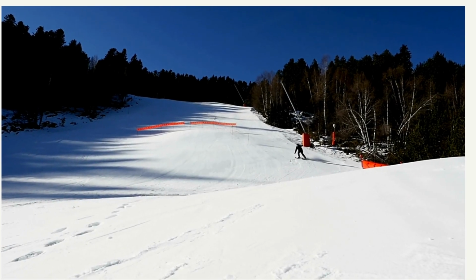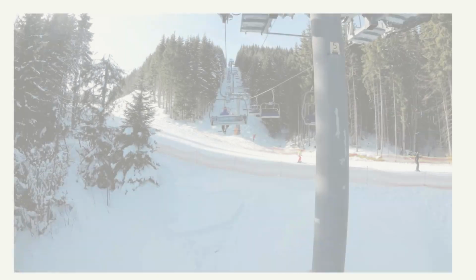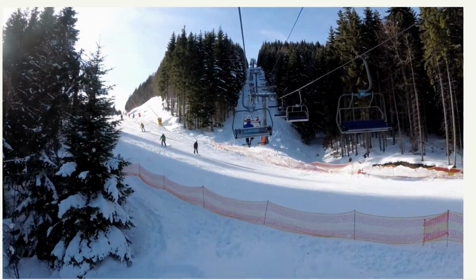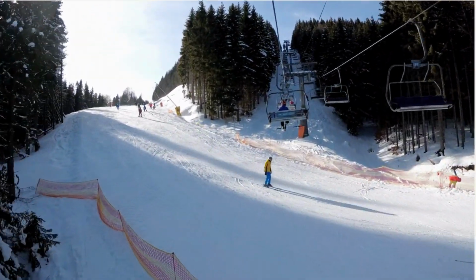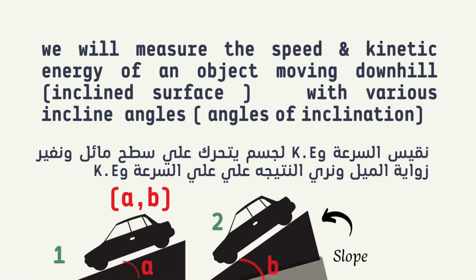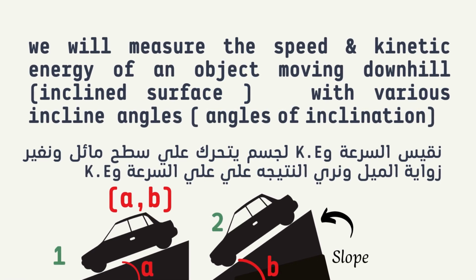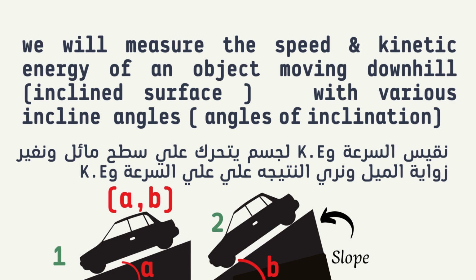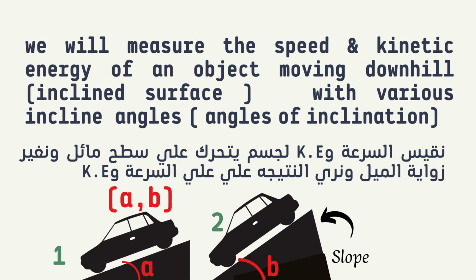So here, before the experiment, let us think about this. We have here two slopes or ramps, as the car moves on an inclined surface. We have figure number 1 and figure number 2.